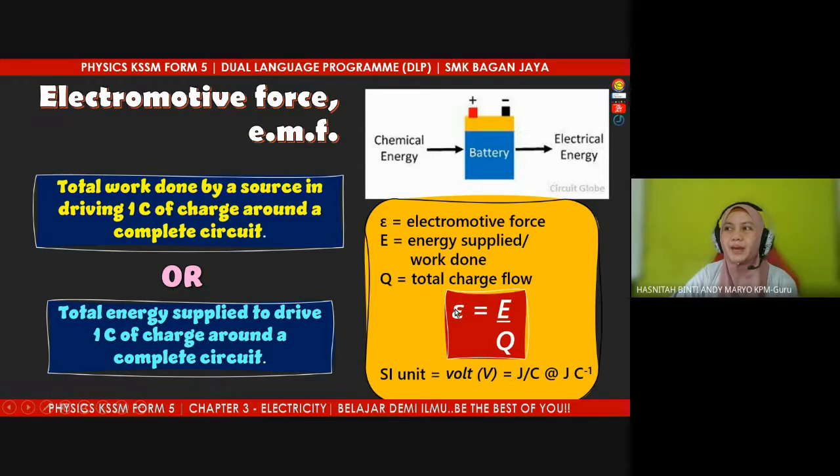EMF is energy supplied or work done in moving 1 coulomb of charge across a complete circuit. And the unit for EMF is volt or joule per coulomb. Energy is in joule, charge is in coulomb, so joule per coulomb, also known as volt, V. Okay?